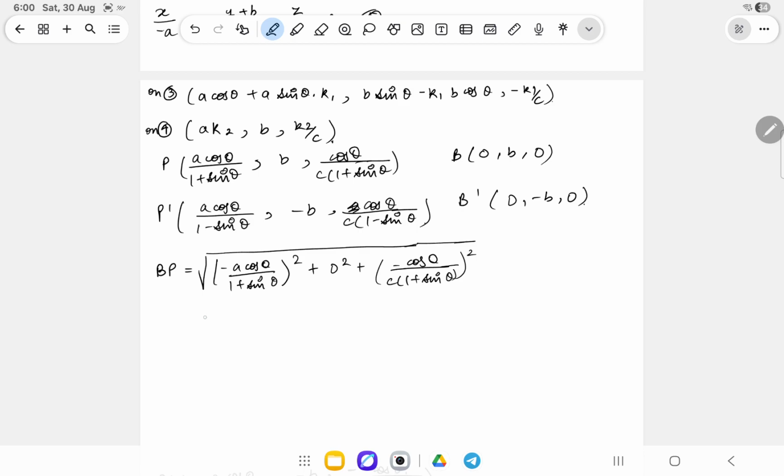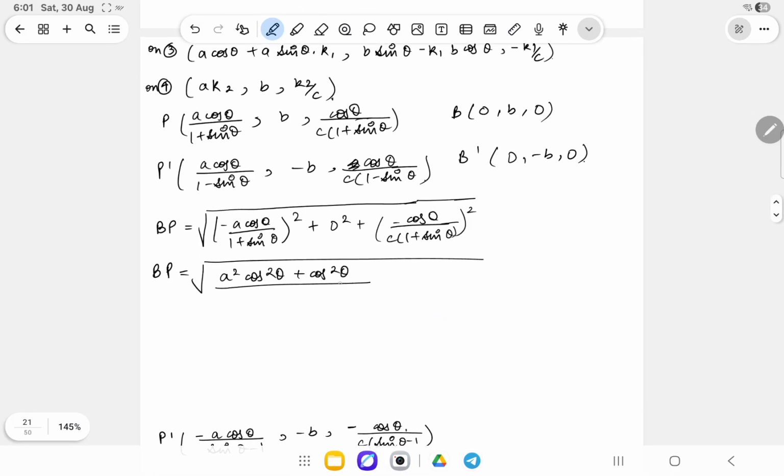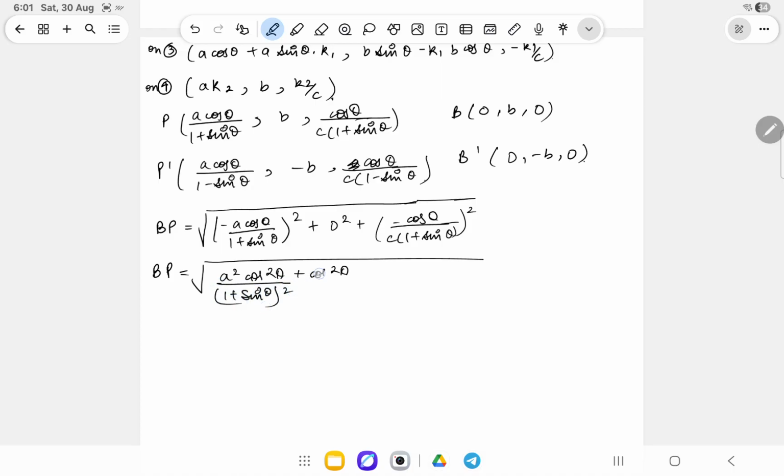So which basically gives BP as under root a square cos square theta plus cos square theta upon 1 plus sin theta whole square upon c square into 1 plus sin theta whole square.